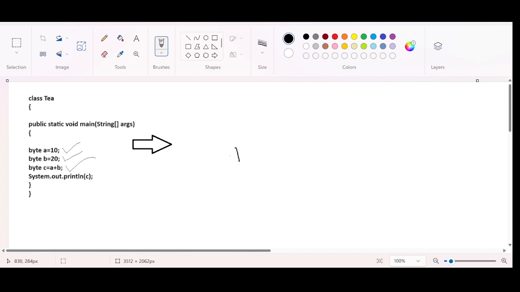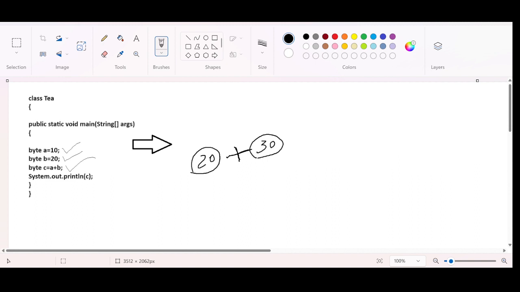Basically in Java, by using the plus operator, we will usually have two operands. The left hand side can be a number and the right hand side can also be a number. But Java will expect only one thing.